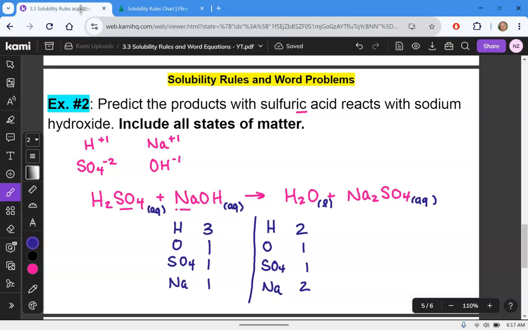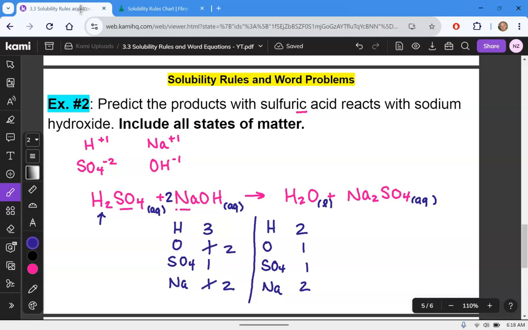All right, let's go ahead and balance this now. I'm going to start with my sodiums. You want to balance hydrogen and oxygen last because hydrogen's in 2 places here, and oxygen can also be in 2 places sometimes. So to get my 2 sodiums, I'm going to put a 2 in front of my sodium hydroxide. 2 times the 1 sodium makes that 2. 2 times the 1 oxygen makes that 2. 2 times the 1 hydrogen makes that 2, but don't forget, we also have this hydrogen right here.